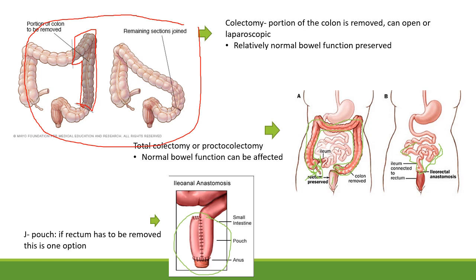So this is an ileoanal anastomosis, where we create this pouch, and that's when the rectum itself is removed, and you're creating, again, a fake pouch in that area for storage of fecal contents prior to evacuation.